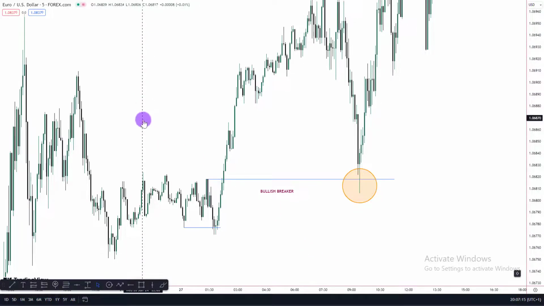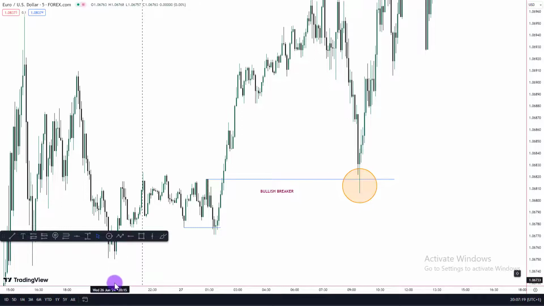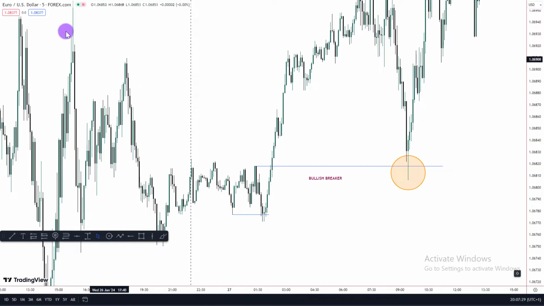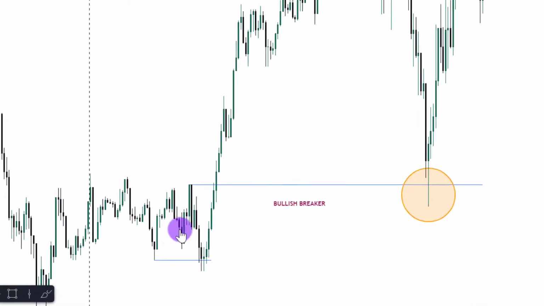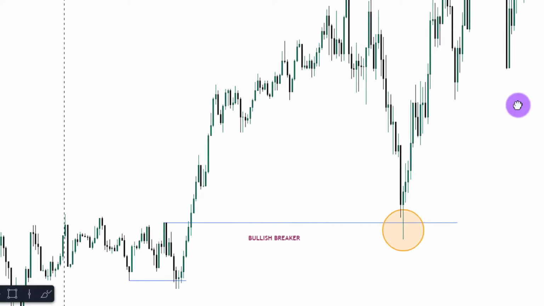So this is the 5 minutes time frame, and this happened on the 24th of June 2024, on Euro USD. We see that the Euro USD took liquidity below that low and created a shift of market structure bullish, leaving that bullish breaker block right here untraded too.